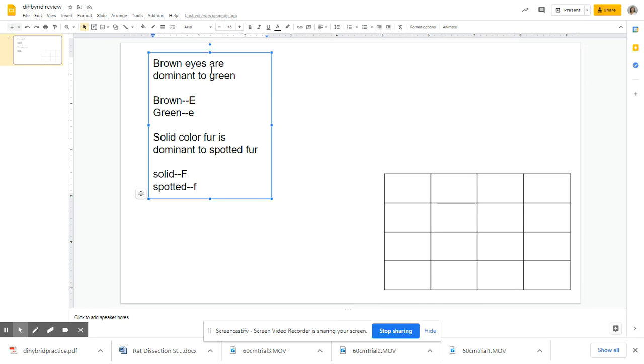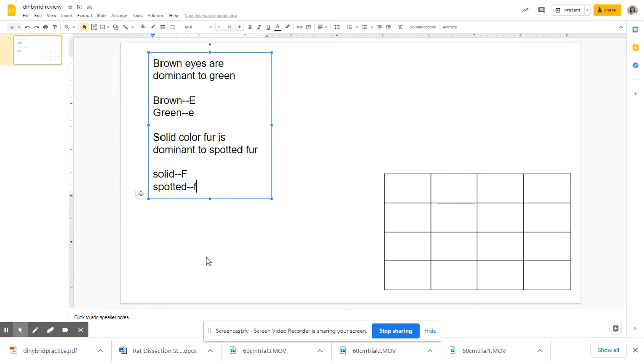When we did the FOIL method for math in the practice I gave you yesterday, you saw that those traits were all independent of each other. And so you got several combinations because there was no connection between the two traits that were listed. So the trait for eye color and the trait for fur in this example are completely independent of each other.